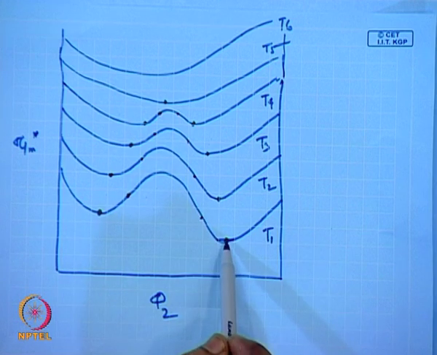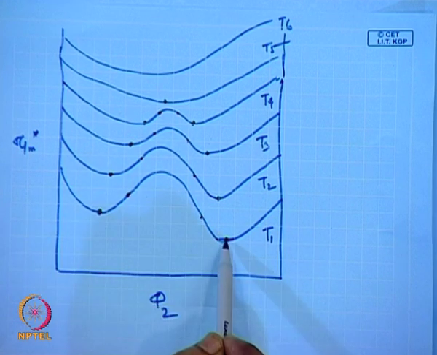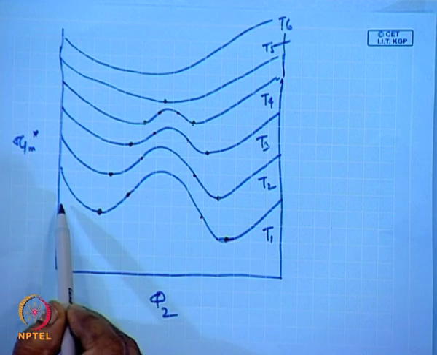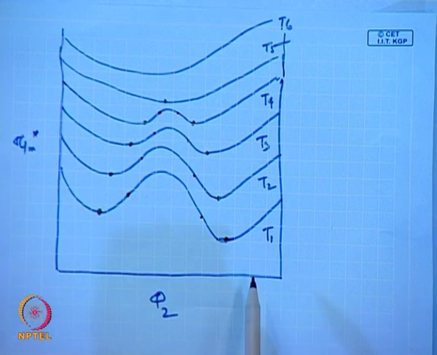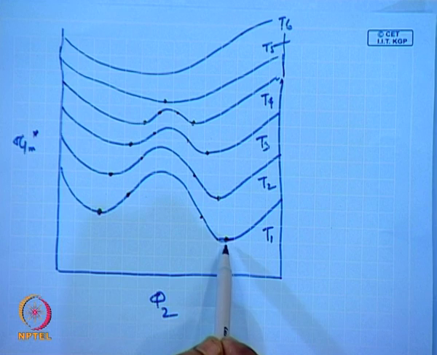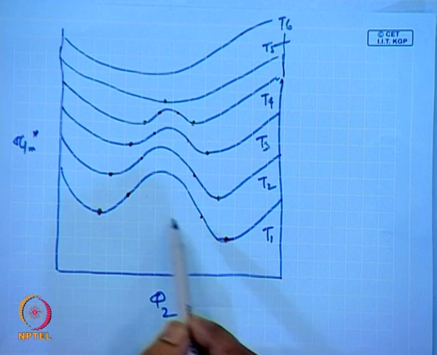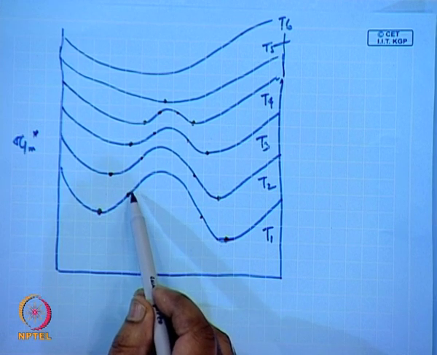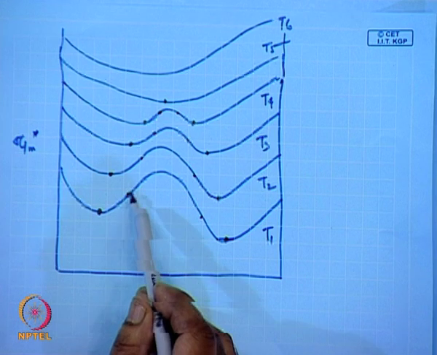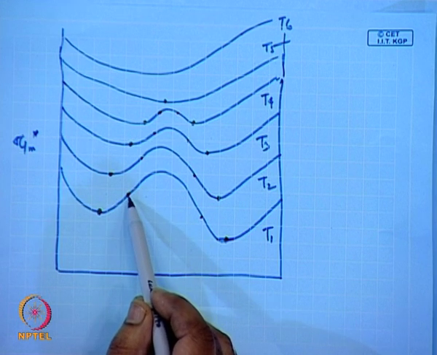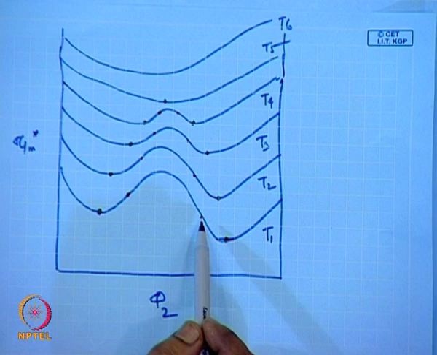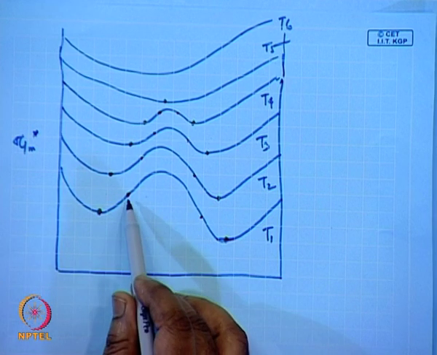Now, these are the two minima which have the common tangent. They are called binodal points or binodal compositions, and the inflection points, which are the boundary between the metastable and unstable region, are called spinodal points. These are called binodal and these are called spinodal points.